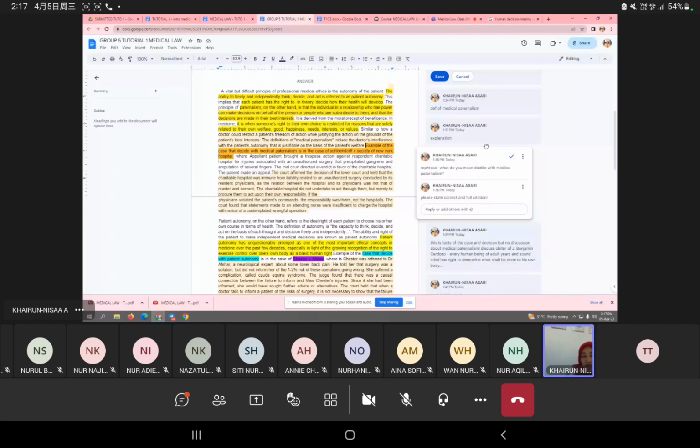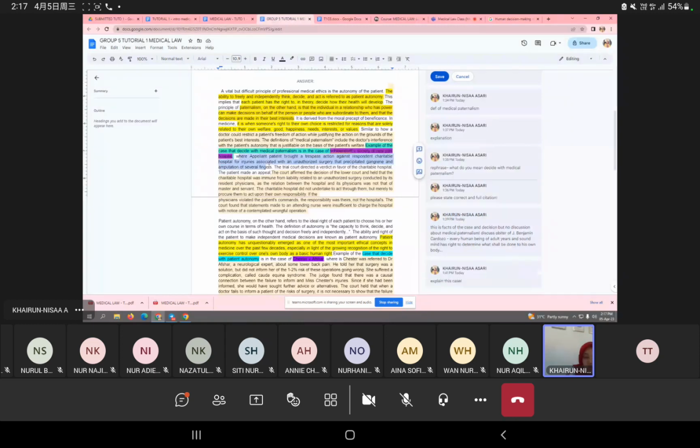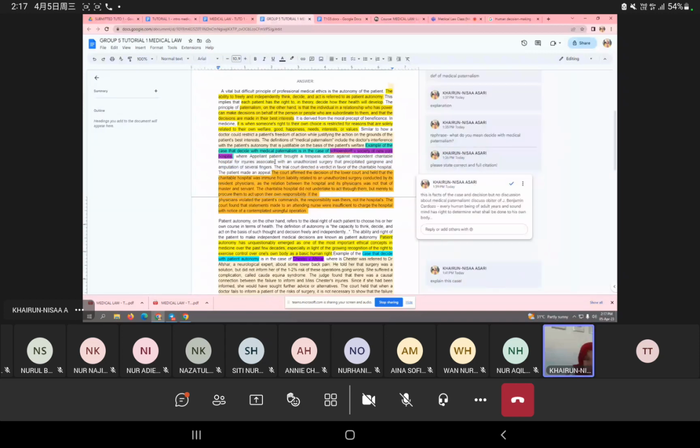So when you want to illustrate a particular matter, you quote the case of Schloendorff. Normally you would have to state the facts of the case, and this is the decision of the case. But you are simply taking the facts and decision and stating them in your answer. You did not discuss anything about medical paternalism.